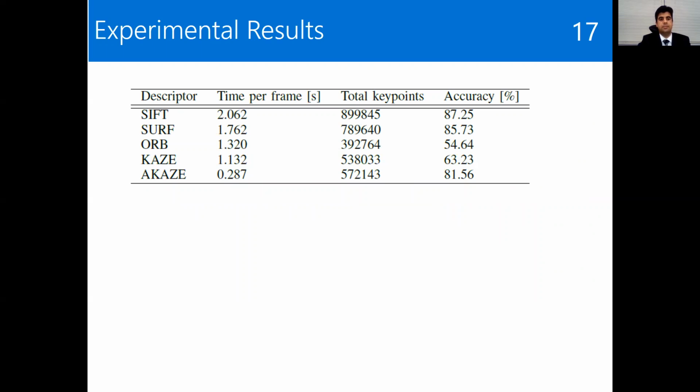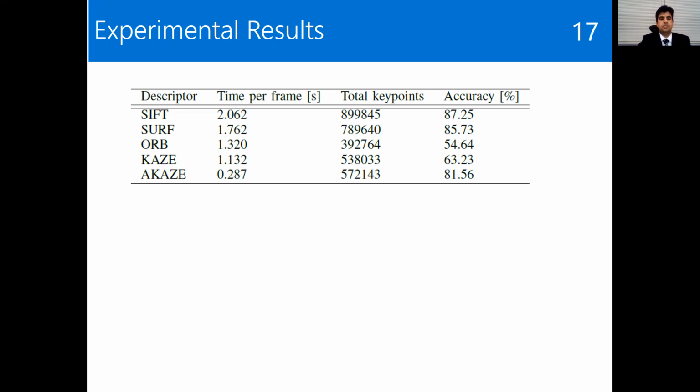And at last, in order to evaluate the performance of each feature descriptor based upon the computational cost, the number of total key points extracted, and accuracy, you can see that SIFT has the highest performance in terms of accuracy, then SURF has the second highest accuracy, and KAZE is the third highest accuracy.